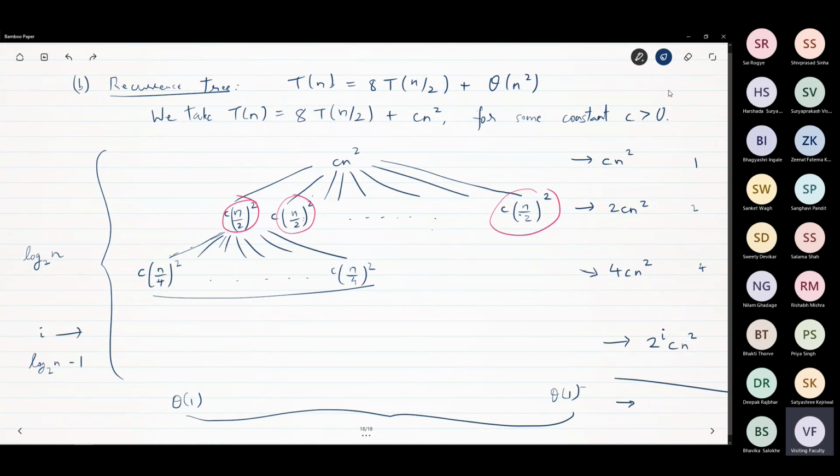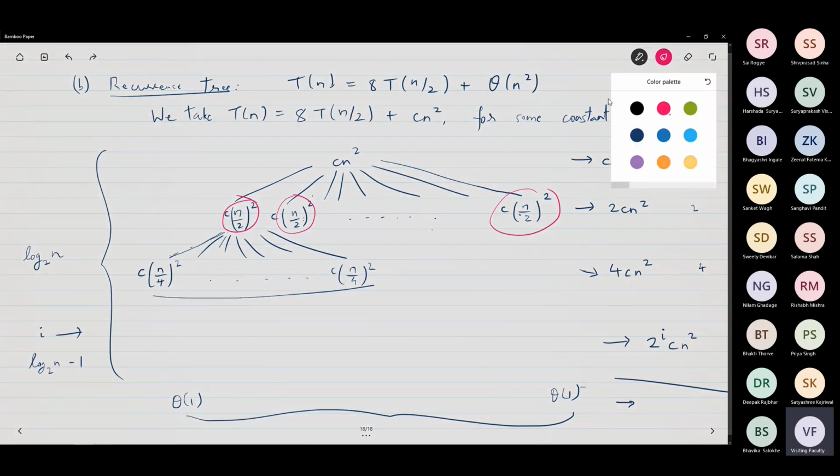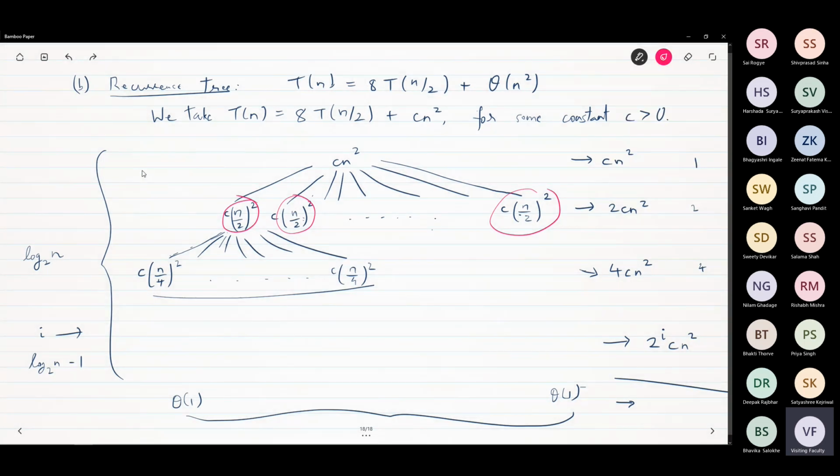First level, you have 8 branches. 8 into 8 branches. Next, what will you have? Below, you have 8 into 8 into 8. So at the ith level, you will have 8 raised to I branches. Is that correct?